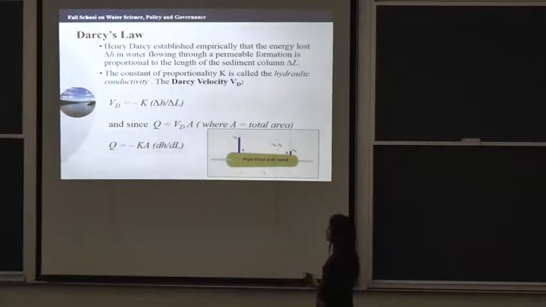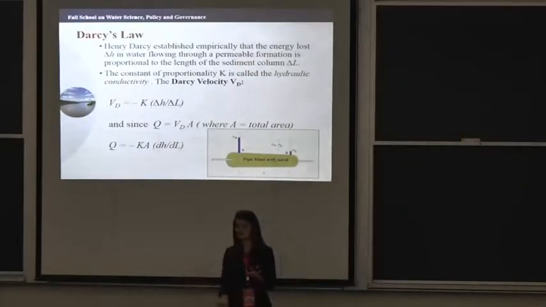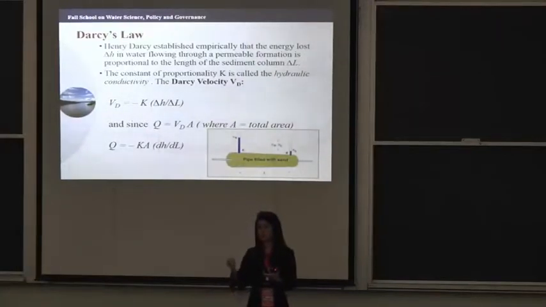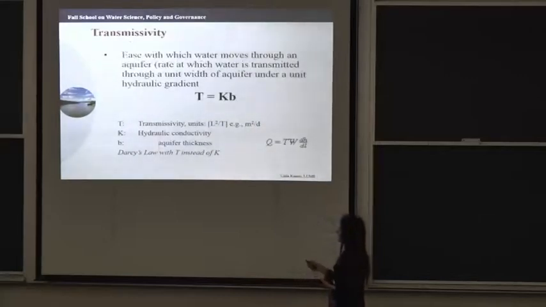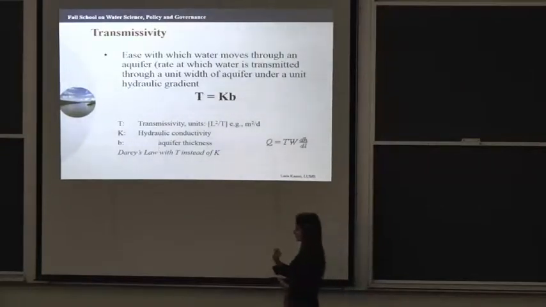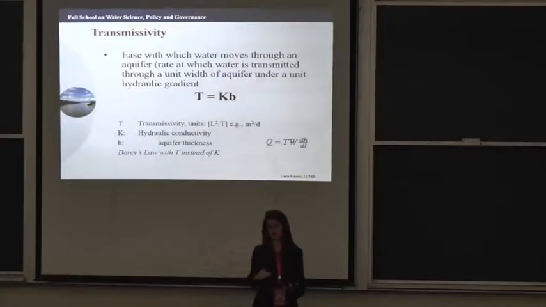When you are going to be doing any kind of flow through subsurface soil, you will not do velocity directly as distance over time. You will be doing Darcy flow. For simpler purposes, any layer of soil will have different hydraulic conductivity.